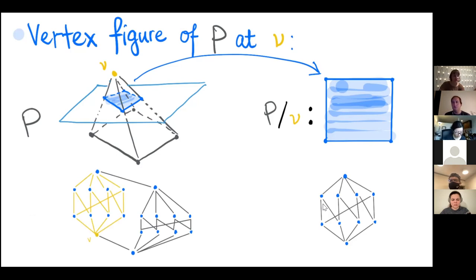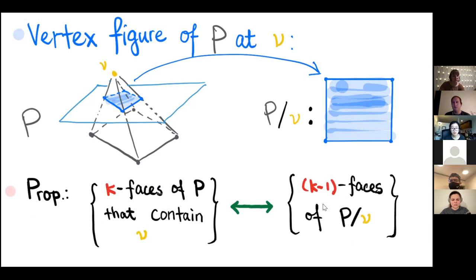In other words, there's a bijection between all k-faces of P that contain the chosen vertex V and the set of all k-1 dimensional faces in the vertex figure.